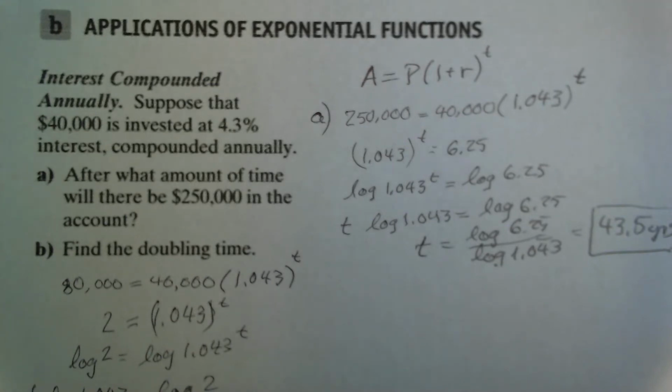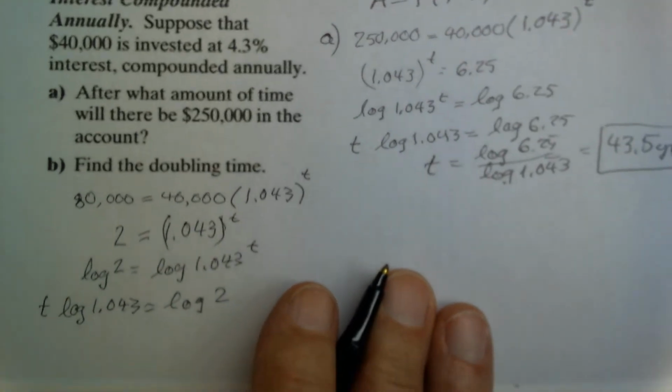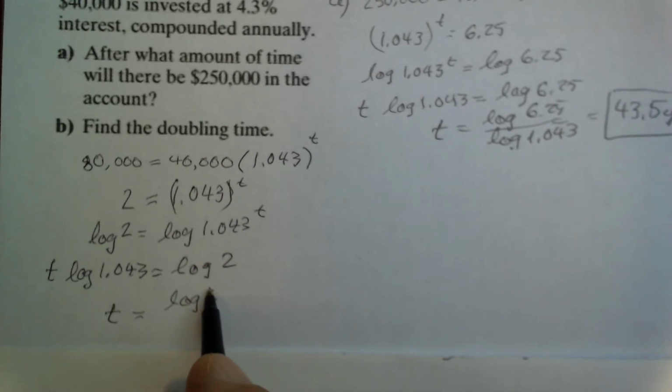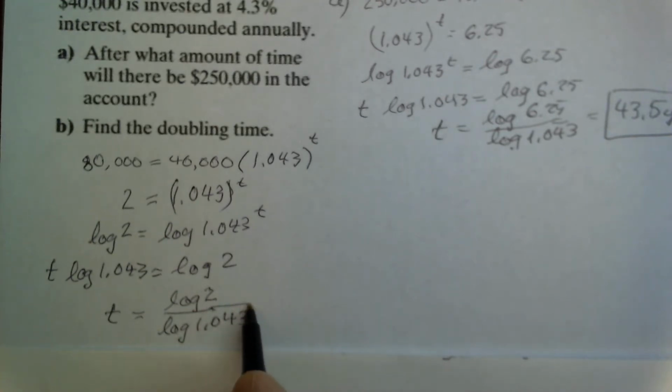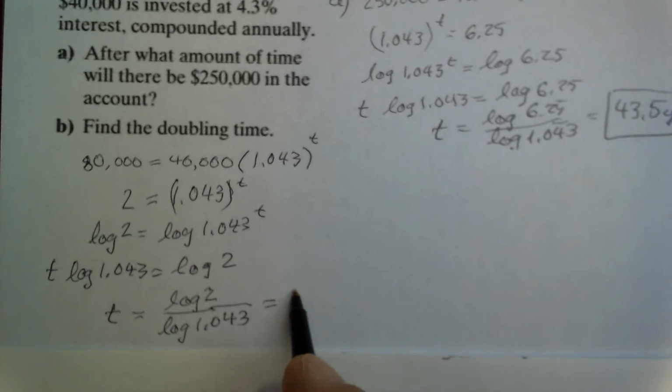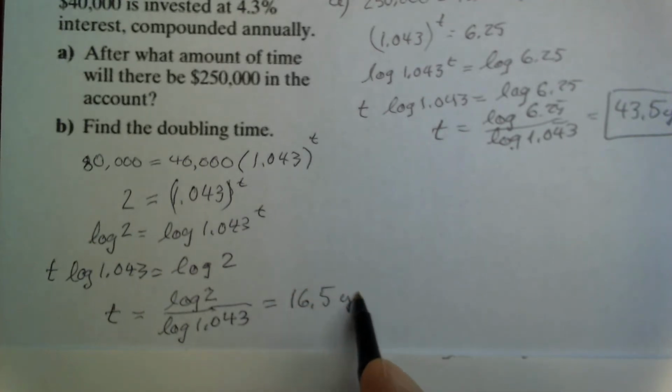Dividing both sides by the log of 1.043 isolates t. So t is equal to the log of 2 divided by the log of 1.043. We look up the log of 2 and divide it by the log of 1.043, and that is about 16.5 years. So $40,000 at that interest rate will double in about 16.5 years.